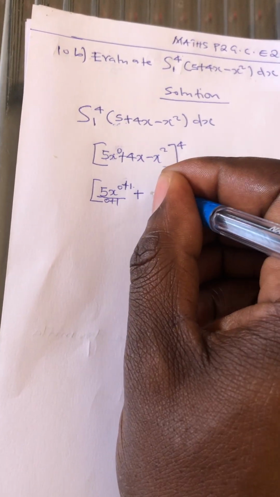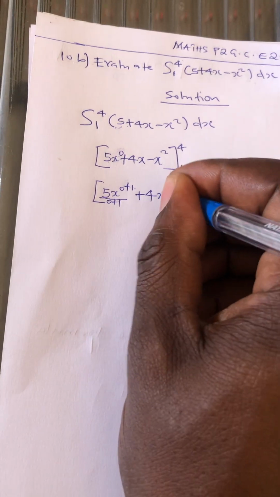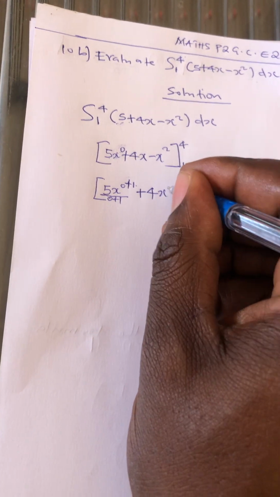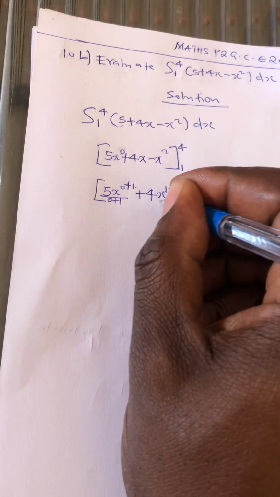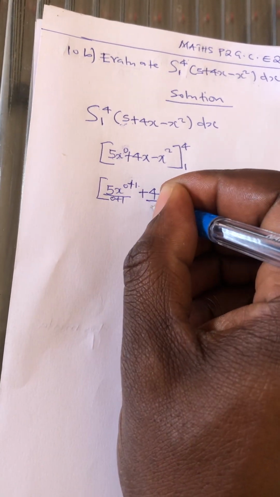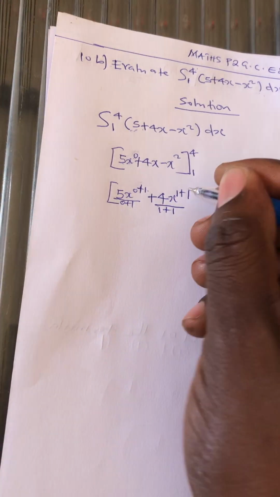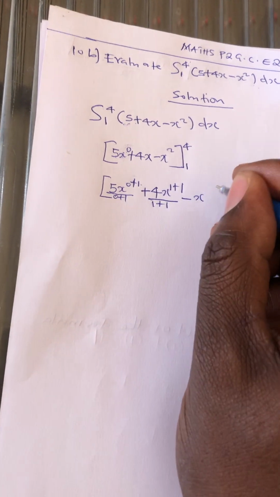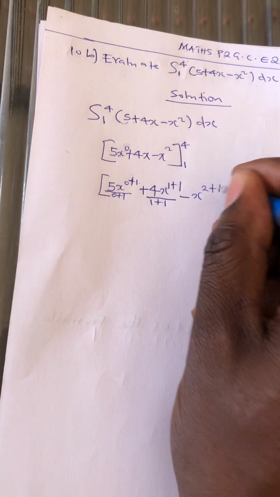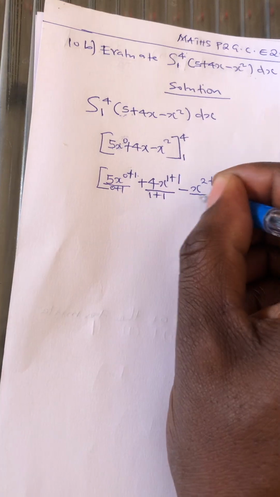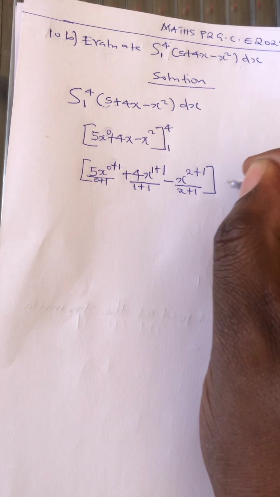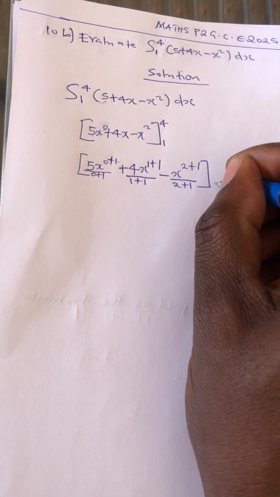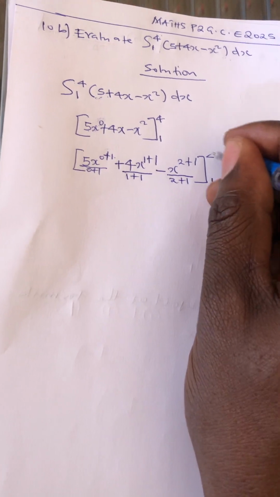Plus 4x, meaning it has power 1 here, 1 plus 1, same thing at the bottom. Minus x to the power 2, 2 plus 1, and 2 plus 1 at the bottom again, with 1 and 4 as our limits.